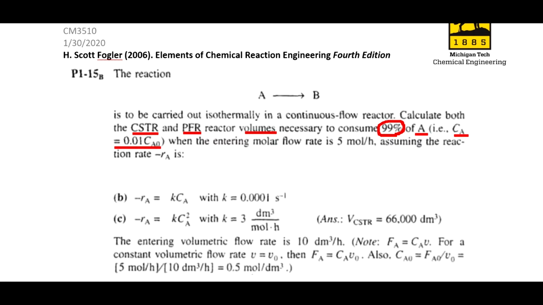Additionally, it's asking us to solve this problem for two different reaction rates. That is a first order reaction in problem B and a second order reaction in problem C. Additionally, it's giving us some extra information down at the bottom so we can get a head start on our mass balance. The volumetric flow rate entering is 10 decameters cubed per hour.